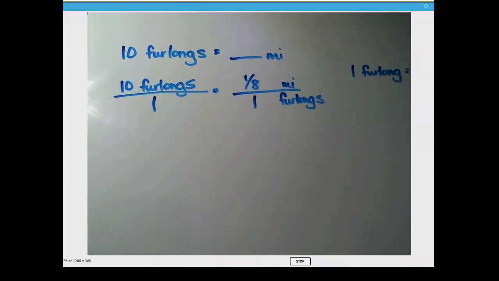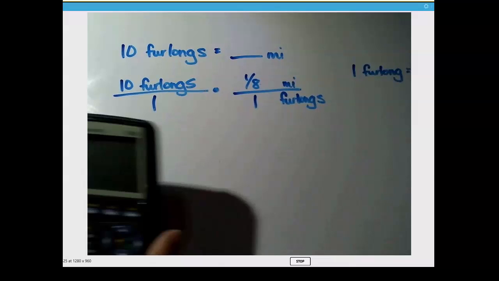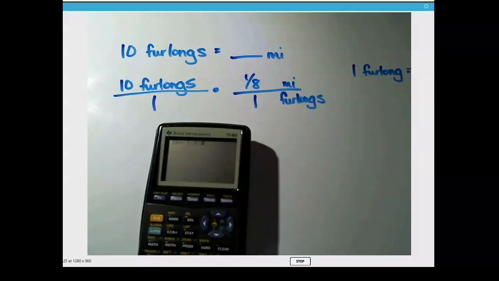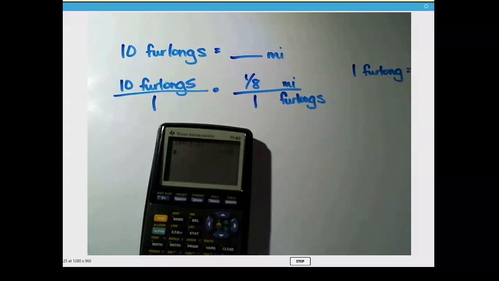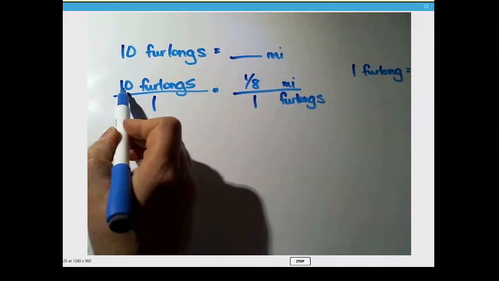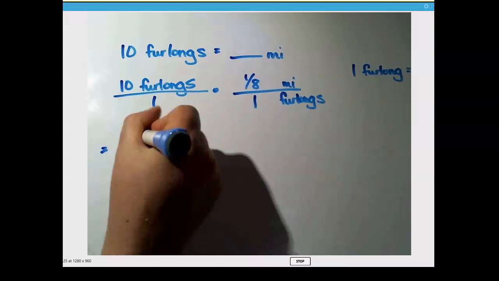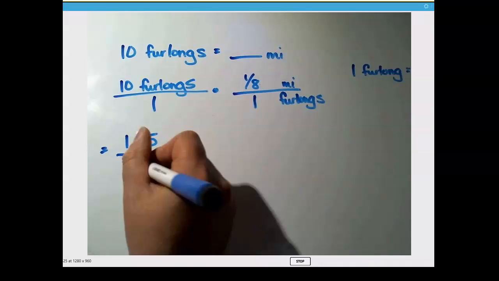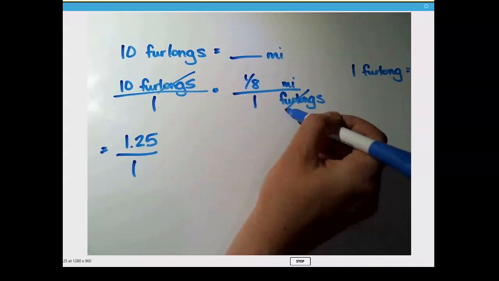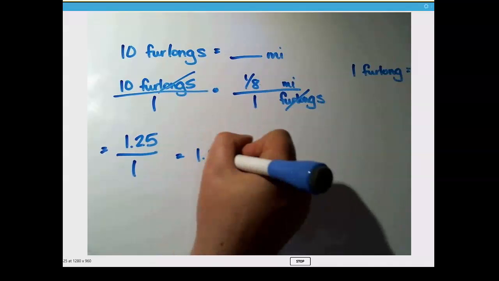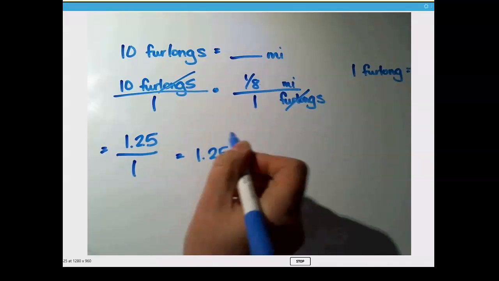If you put parentheses around it, every calculator will do it this way. 10 times parentheses 1 divided by 8 is 1.25. 10 times 1/8 is 1.25. 1 times 1 is just 1. Furlongs cancel. This simplifies to 1.25 miles then.